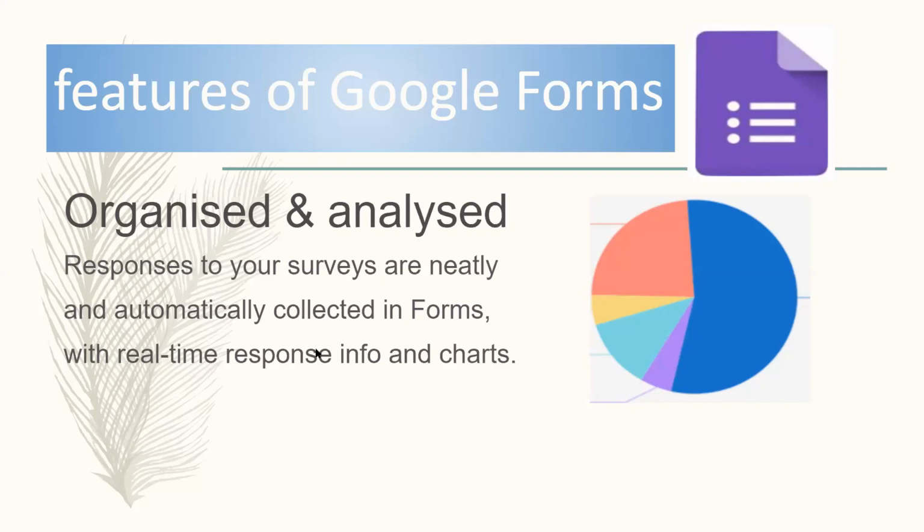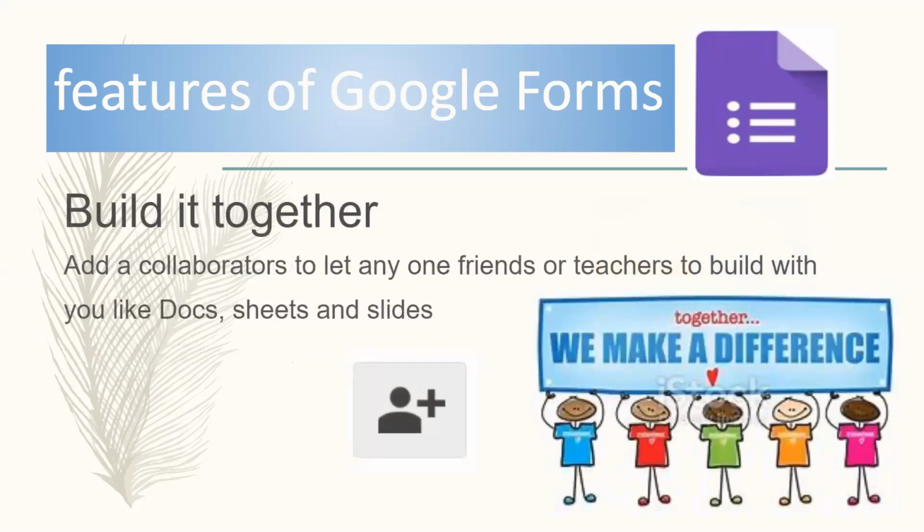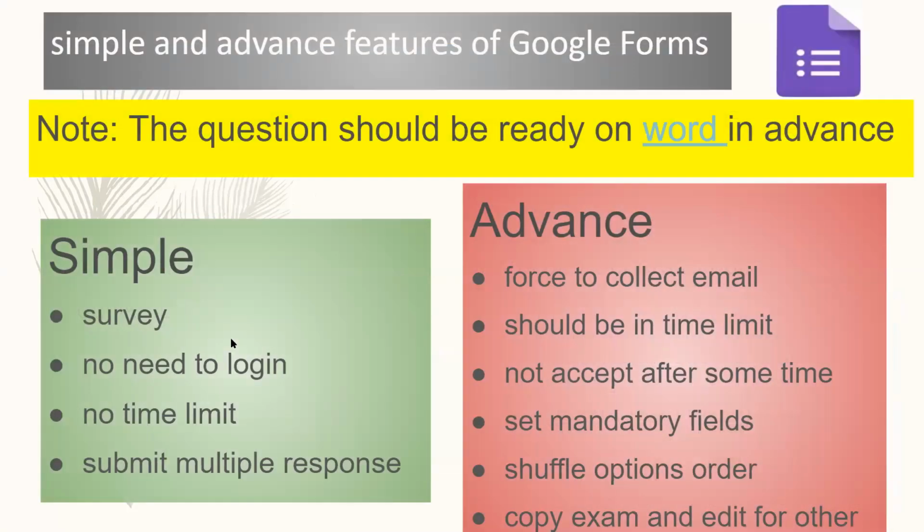So whenever we receive one response, the chart will be updated immediately. We can also work on it together, just like Google Docs, Google Slides, and Google Sheets. We can add collaborators who will work with us. These are the main simple features of Google Form.